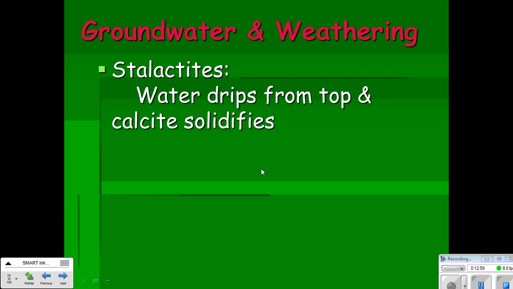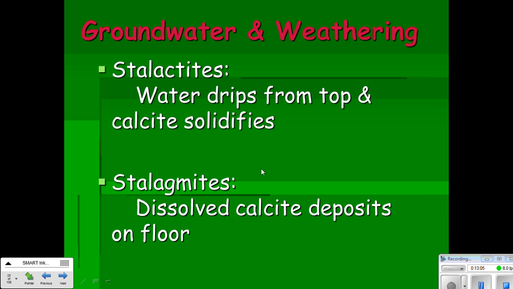Stalactites. Water drips from the top of caves, and then the calcite solidifies. Stalagmites are dissolved calcite deposits that have built up on the floor from the dripping from the stalactites.